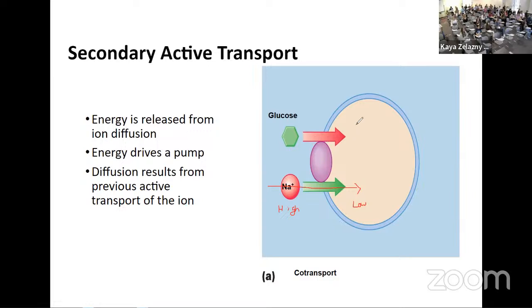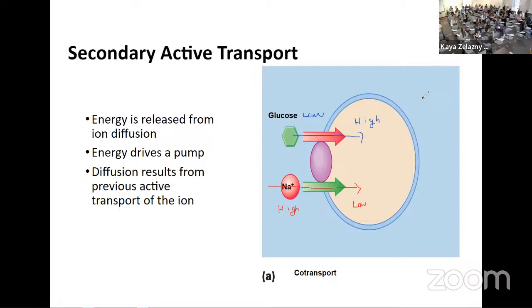So this would tell us that we're going to an area of high glucose concentration from an area of low glucose concentration. So we're essentially like shoving it into a very packed bus, a packed subway car, right? We're shoving everything into where we already have a lot of it. It doesn't want to do that, which is why we need a source of energy.